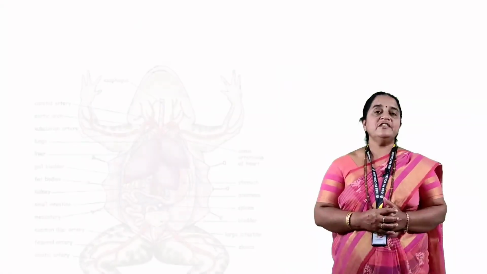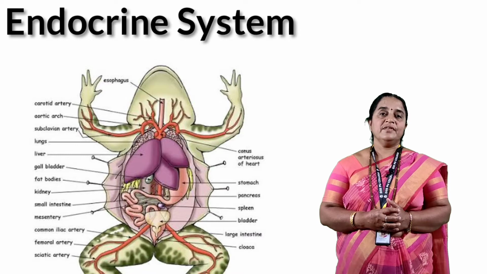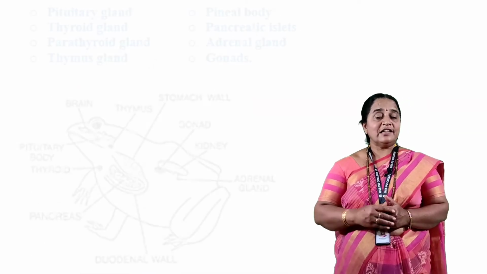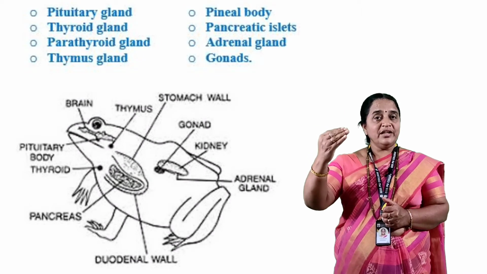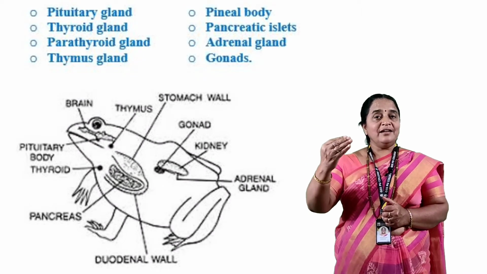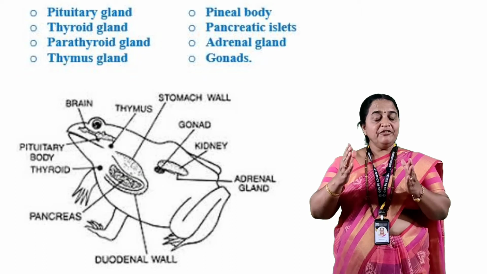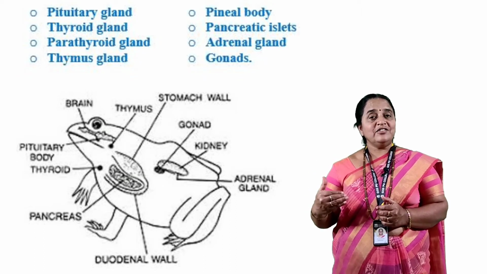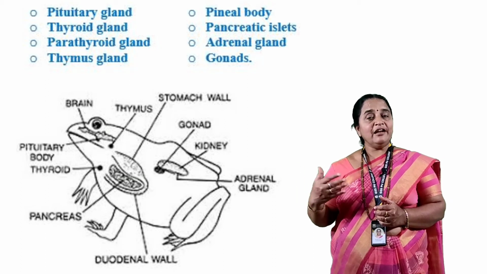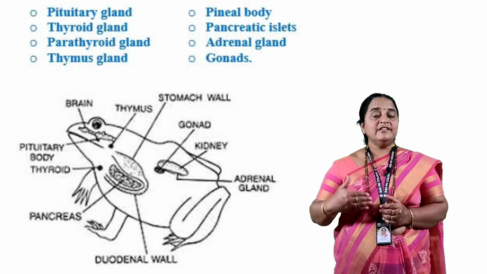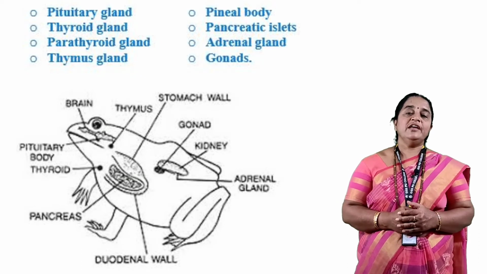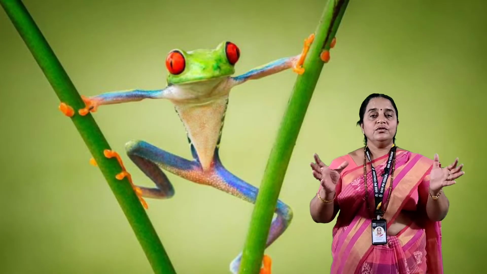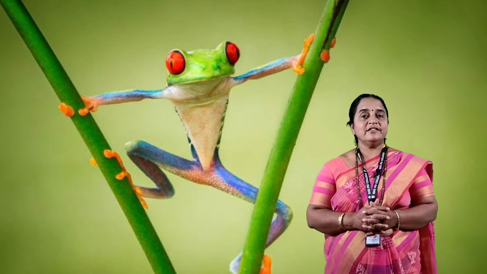Moving to the next system, endocrine system. As you have already learnt, different endocrine glands like hypothalamus, pituitary gland, thyroid gland, parathyroid gland, different endocrine cells, pancreas, then testis and ovary, the male and female gonads respectively, secrete the hormones. Same way, even in the frog, the hormones are secreted to coordinate all the activities.